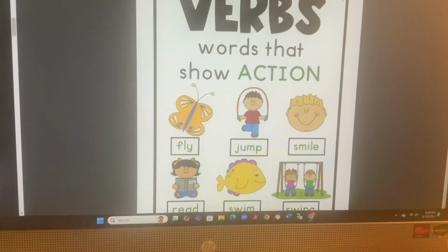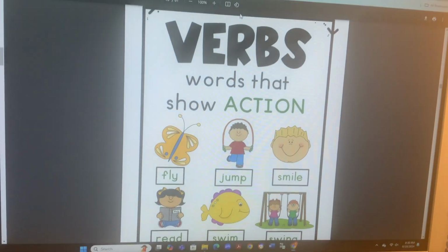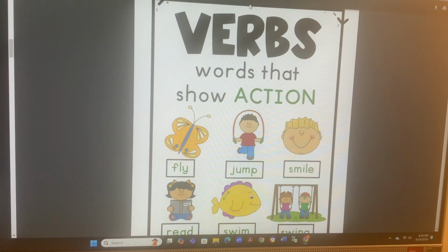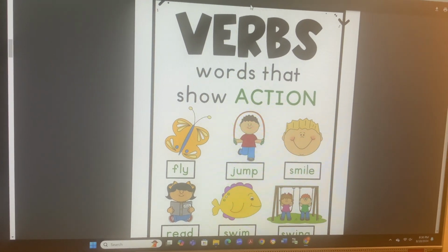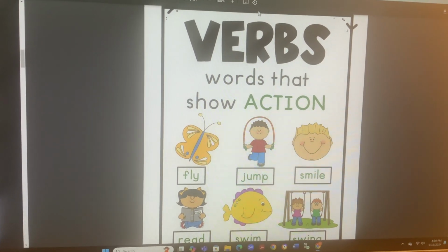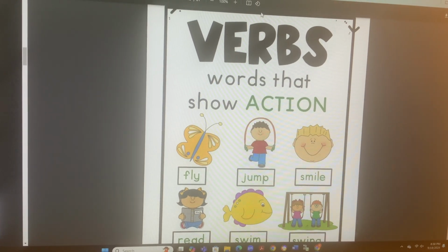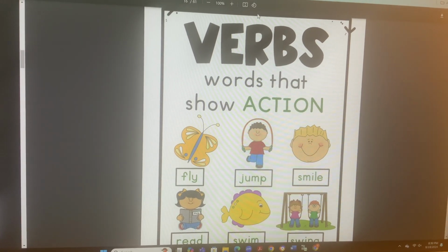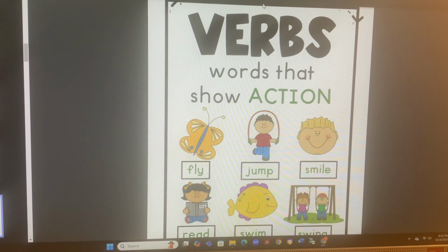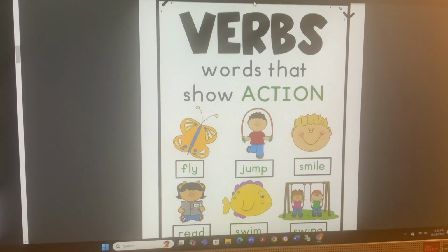So the best way to do this, if you are going to do nouns and verbs, is you can use this as your anchor chart, but then when you're doing the actual words, I wouldn't use visuals. I would only use words, and I would be sure that I spent an entire day just on nouns and going through what they were, and then another entire day just on verbs and really acting them out and just driving home the fact that a verb is something you can do.